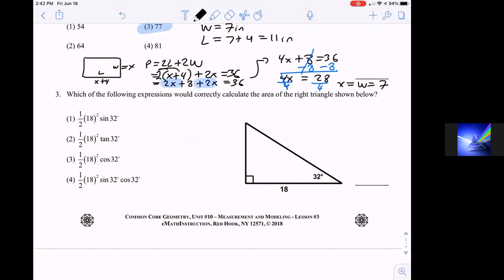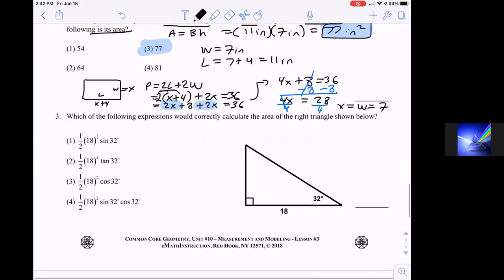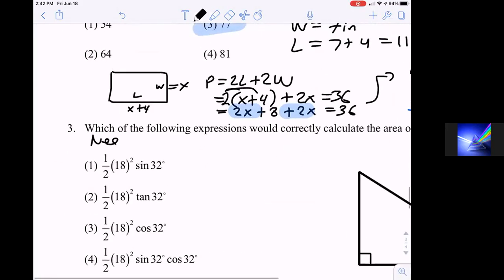Now in question 3, it says, which of the following expressions would correctly calculate the area of the right triangle shown below? Now, anytime we're given an angle and a side to the triangle, that should be a pretty good clue that we're going to need right triangle trigonometry.